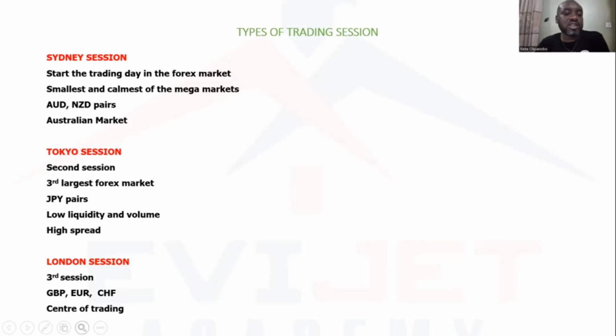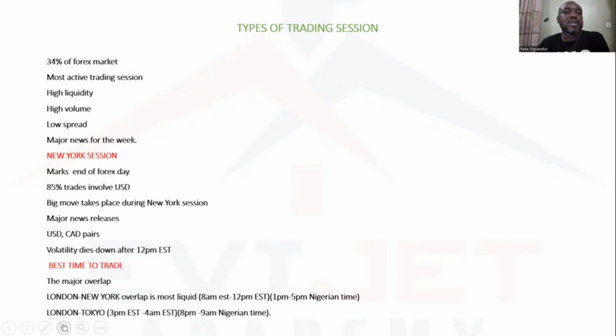Then we have the London session, third session, GBP, Euro, CHF, center of trading. All right, so 74% of the Forex market's most active trading session, high liquidity, high volume, low spread, major news for the week. All of them happen during the London and the New York session.